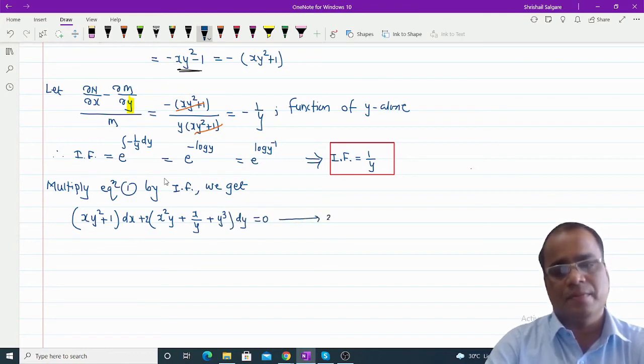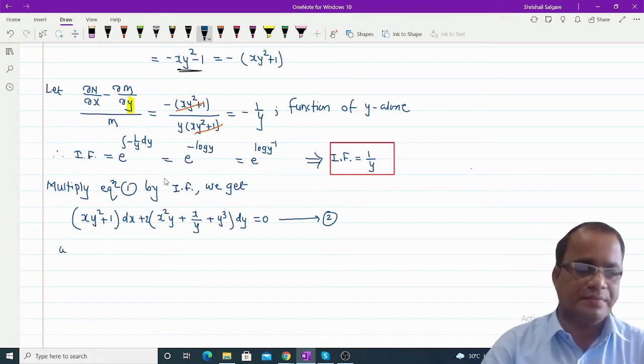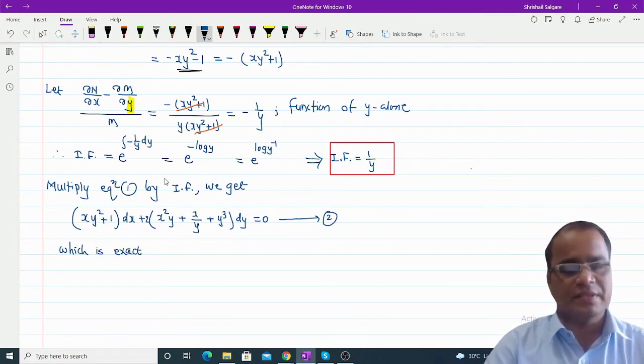And suppose this is example number 2, which is exact.